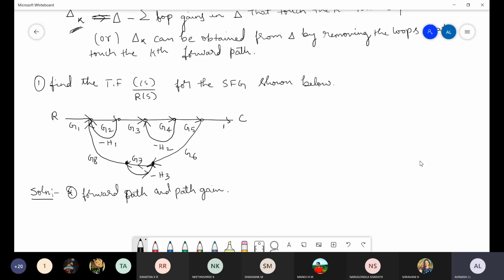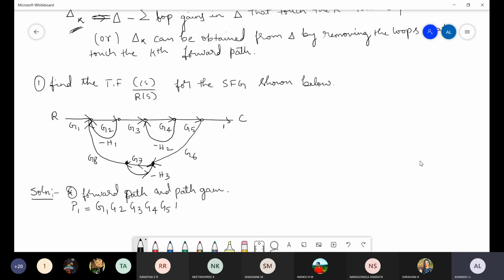So the first forward path P1 equals, the gain is G1, G2, G3, G4, G5 and 1. So 1 you can neglect or else you can consider also. Clear? Okay. So now, is there any next path? When you try to go from G1 and G8, G8 is in the reverse direction, so you cannot go, correct?